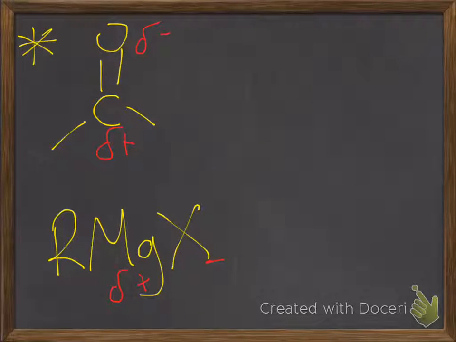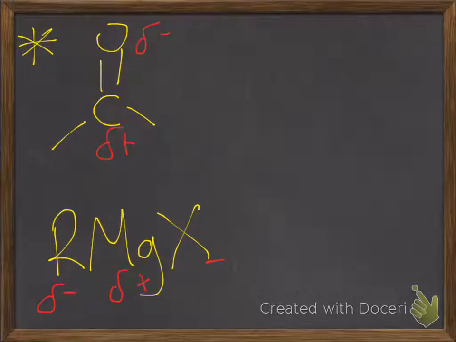Which is more electronegative, the R group or the magnesium? The R group, so it's delta minus. That's the whole purpose of these organometallic compounds: the R group acts like a carbanion. So what do we have that is delta minus?